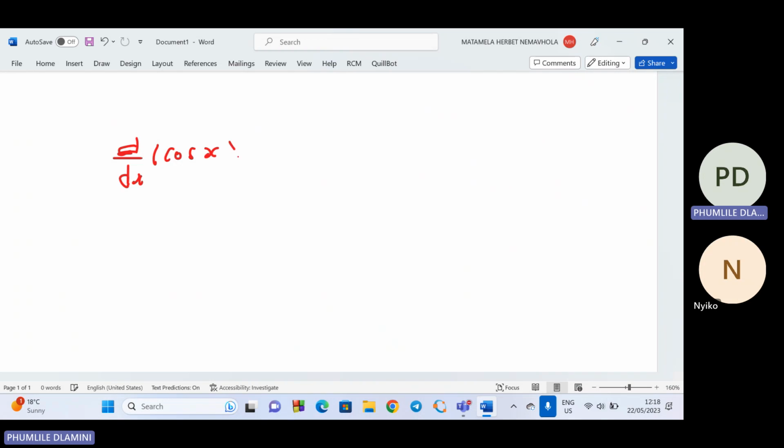You can use cos theta, it can be cos theta. If it's cos, it becomes negative sine x. These are standard ones, which you must not forget. d over dx of sine of x, the answer is equal to cos x.